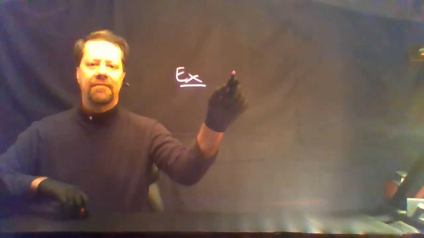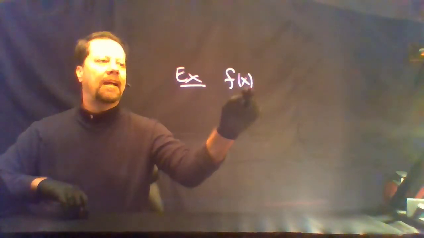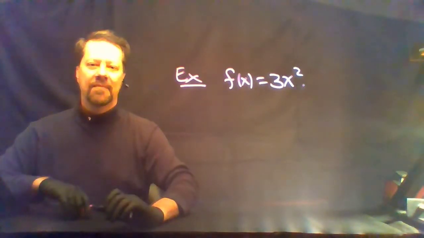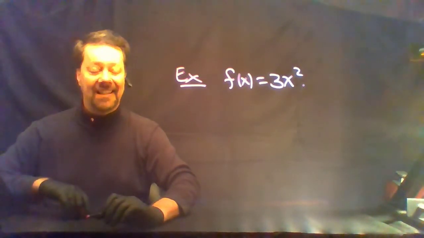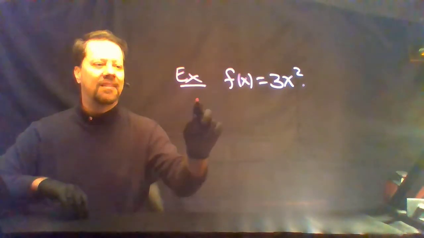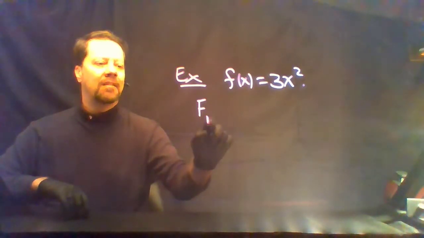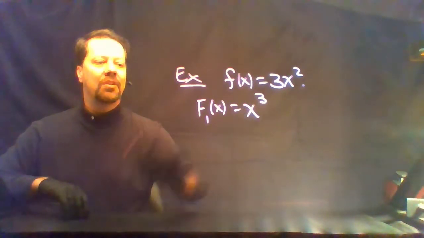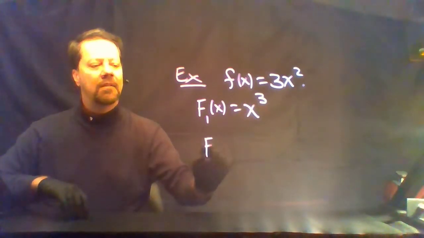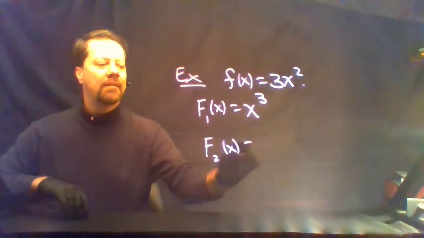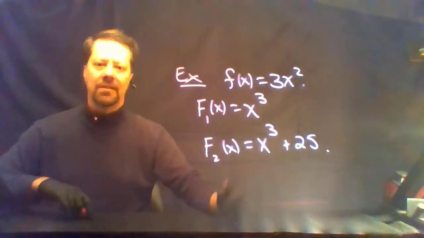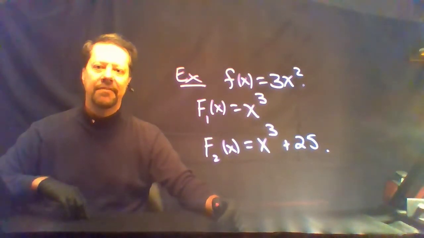As another example, suppose that I have a function, little f, which is 3x squared. Can you give me an antiderivative? Clearly, one antiderivative would be x cubed, but wouldn't x cubed plus 25 also be an antiderivative?